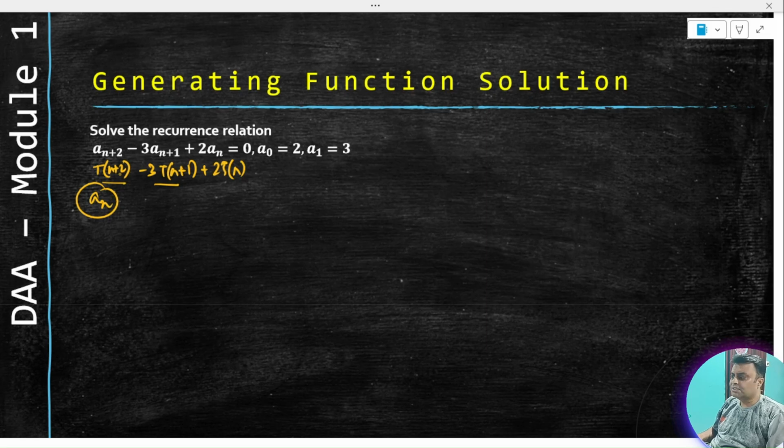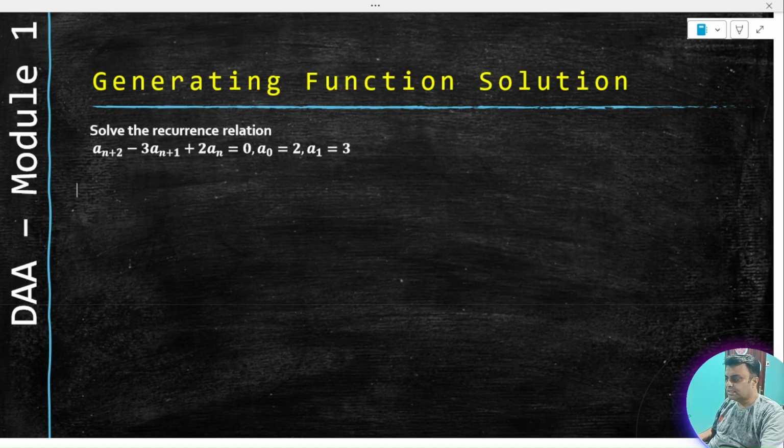So that is where this An format is coming from. So don't worry about the format. Now, if this is my generating function, it is saying to solve the recurrence relation using generating functions.